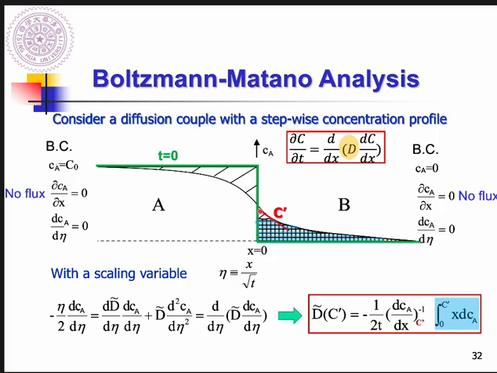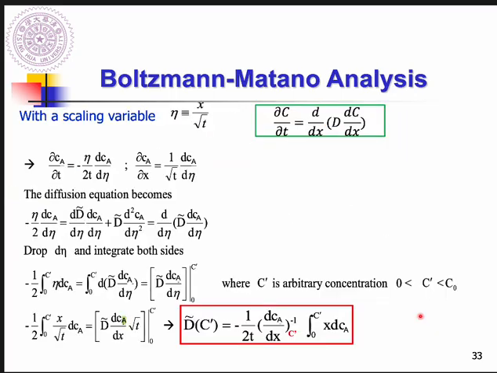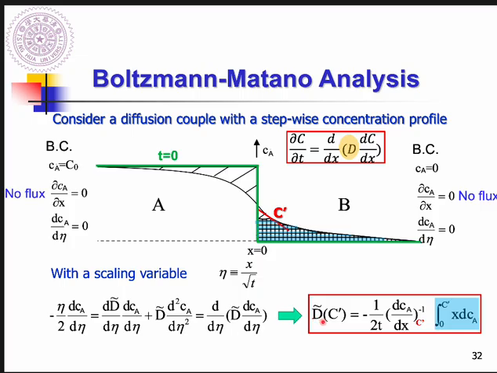And the middle part is the slope at C prime, but it's the reciprocal of the slope at C prime. So the diffusivity, as long as I know the C prime, then I can use these figures to get it, because the diffusion time I know, and based on the C prime you're interested in, I can integrate here, and I also can get the slope, then I can take the reciprocal of the slope, right?